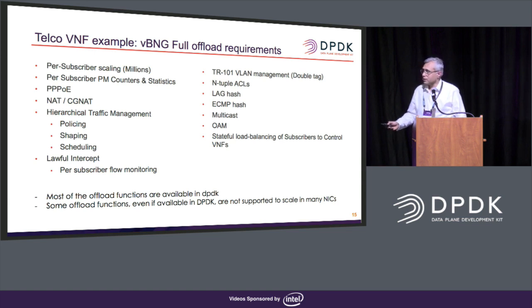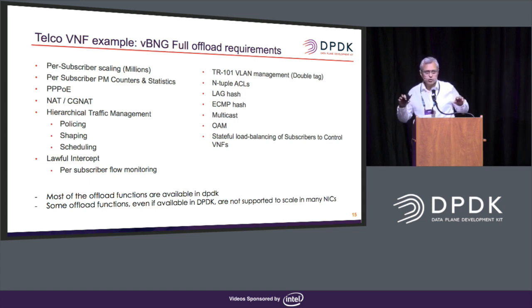As I mentioned, the scale is into millions, so all this in a scale scenario would need to be handled at a few millions. And these are network level aspects which do not need that scale. The point here is that DPDK does support most of these as offload functions, but the support across smart NICs is not the same.